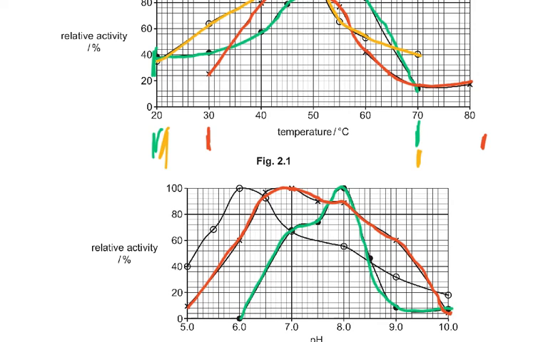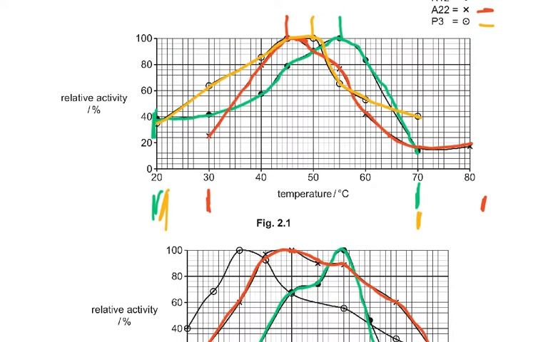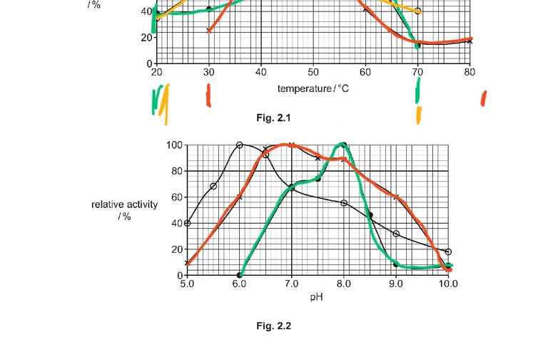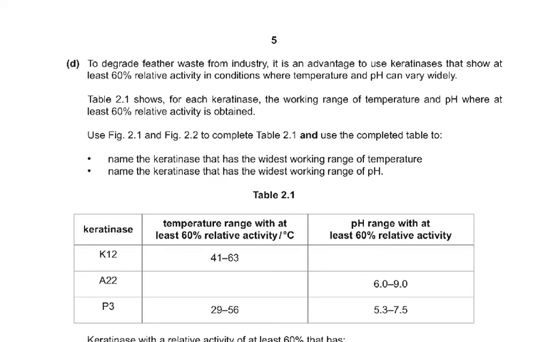And then you have P3. So let's look at the P3 here. Now you see their optimum pH. So P3 has an optimum pH of 6, and this has an optimum pH of 7. This has an optimum pH of 8. So all this information needs to be read, needs to be analyzed, and then we go on to the question.